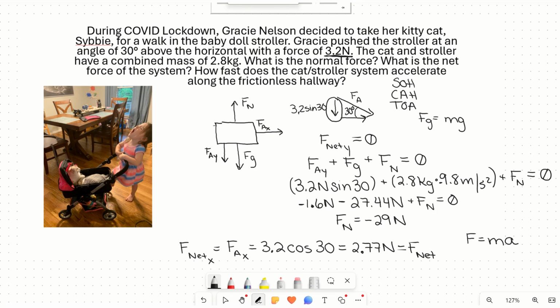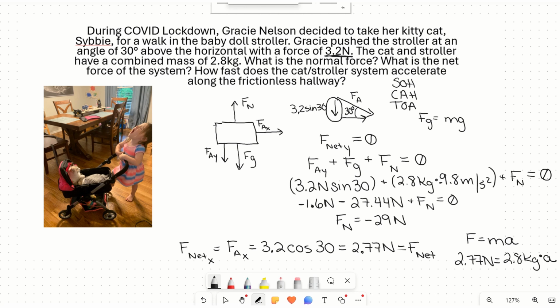We know the net force being applied to the system, so now I can find how fast the kitty stroller system is going to accelerate. So knowing that my net force is 2.77 newtons, and I know the mass of my stroller system, that's 2.8 kilograms. Now I can find my acceleration.